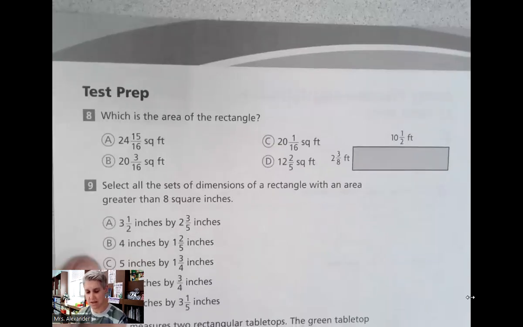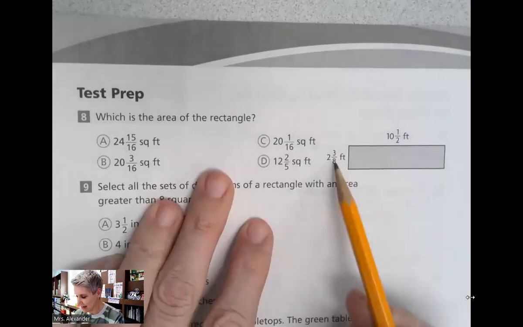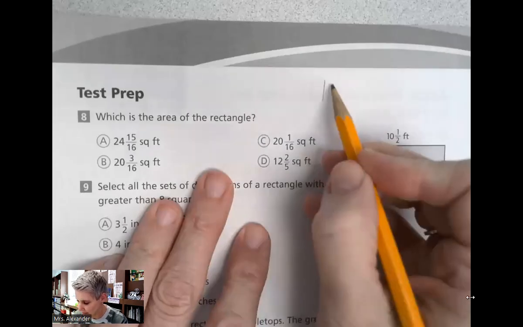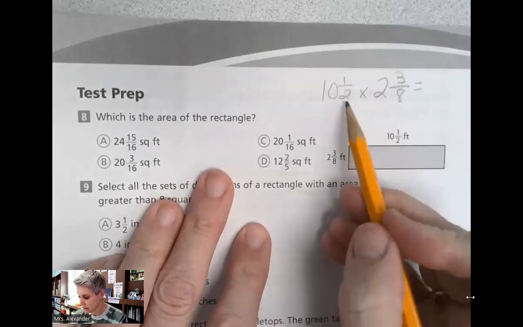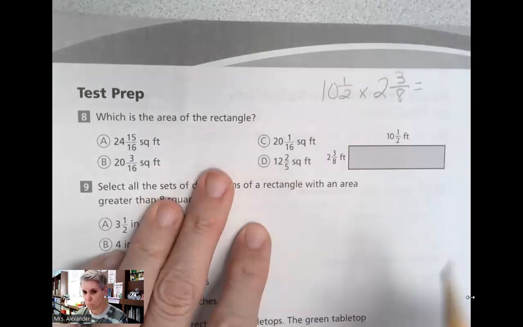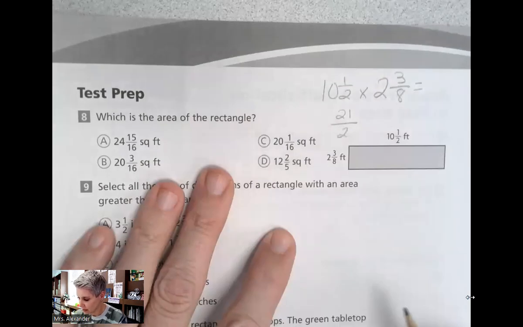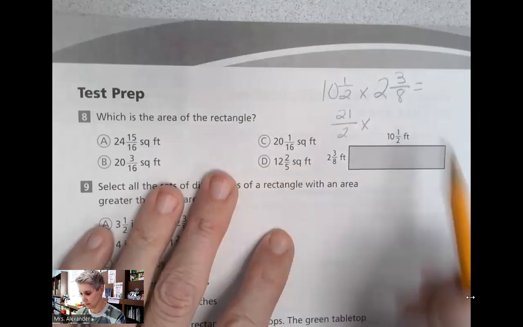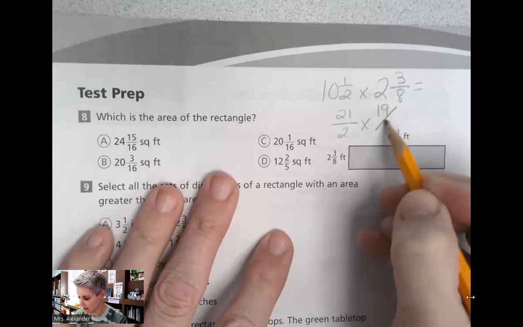Let's look at this test prep. Are we ready for the test? What is the area of this rectangle? We have 2 3/8 and 10 1/2. So the length is 10 1/2 by 2 3/8. Let's rename. 10 1/2 is 21 halves times 2 3/8, which is 19 eighths.